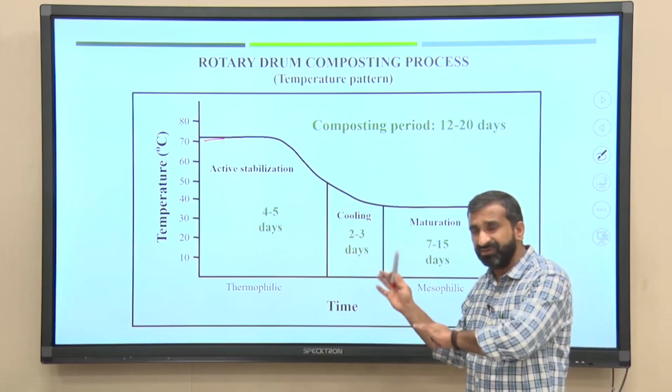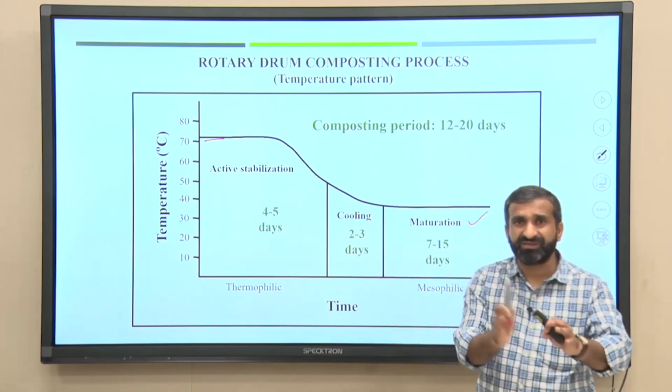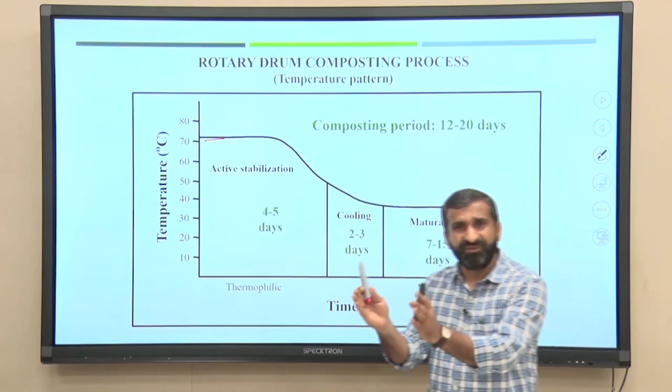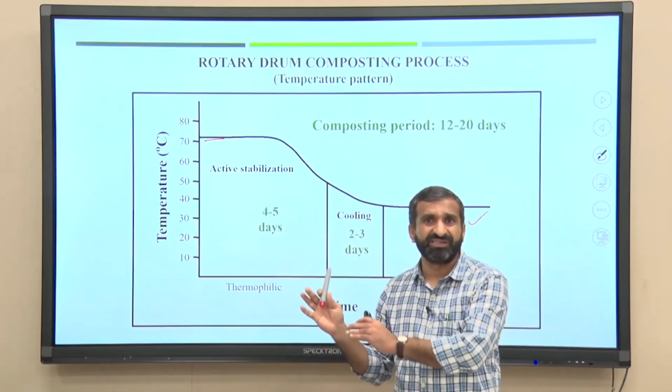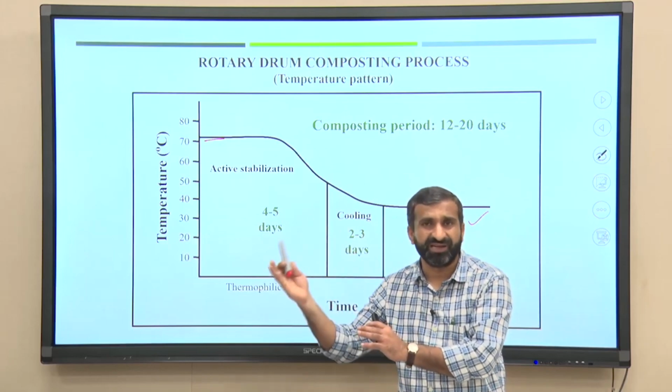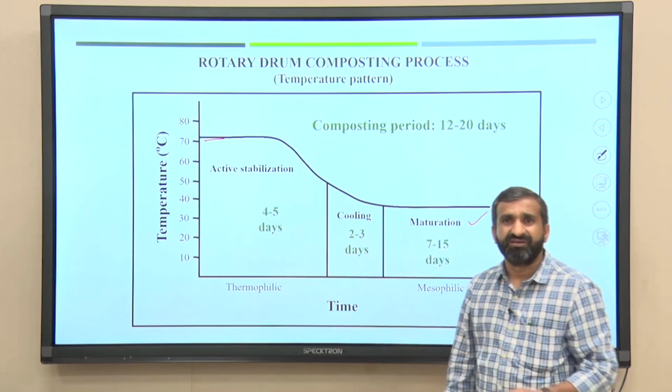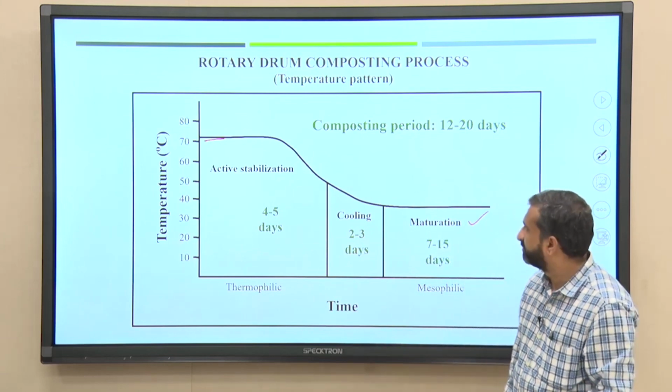So, the final conclusion on time requirement is 7 days in a rotary drum and 15 days in the maturation facility, which could be windrow, pile or even vermicomposting for such material.